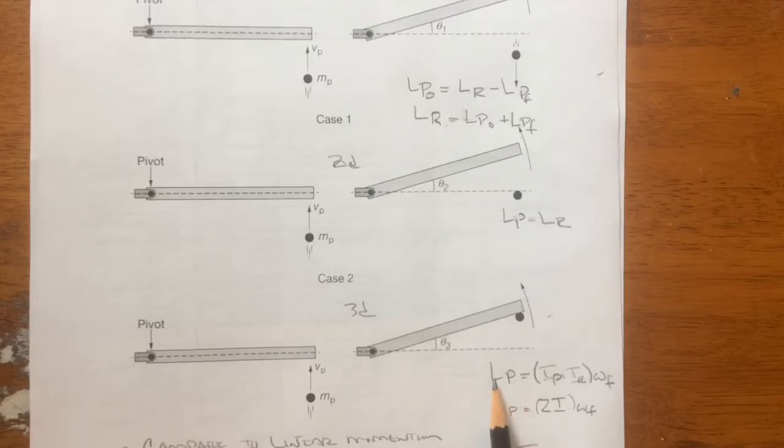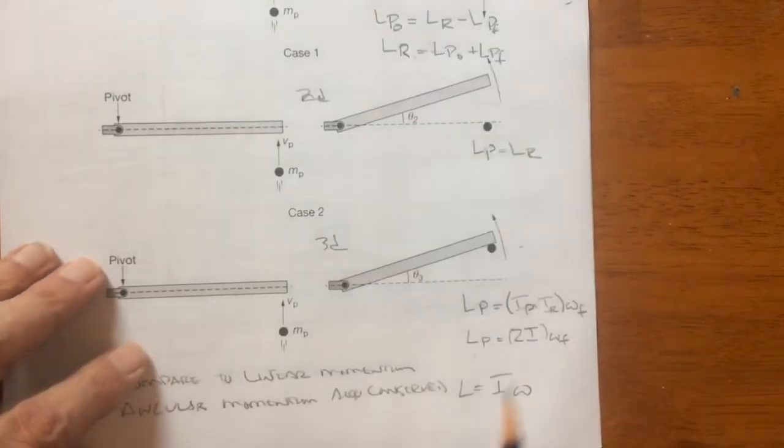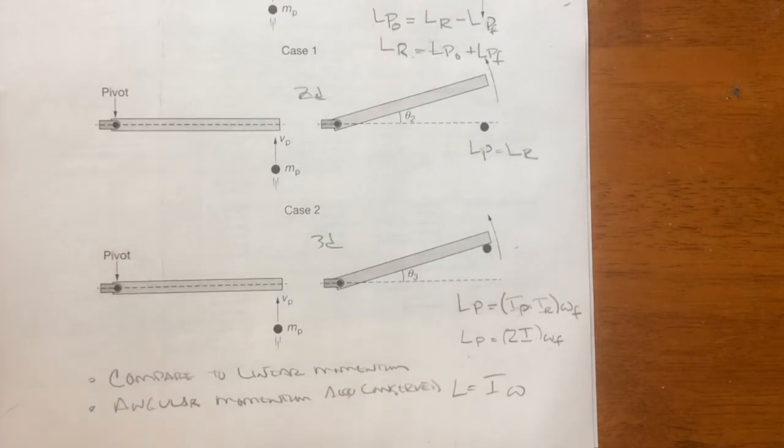And so the momentum of the puck is going to be the moment of inertia of the puck plus the rod. We're not given that, but we can kind of reason through. If we add our moments of inertia, divide both sides by that, we're going to get a much lower velocity, by angular momentum equals moment of inertia times angular velocity.